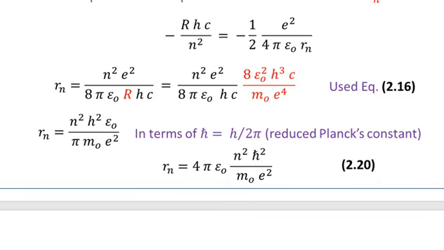So according to the Rutherford model, the radius of the orbit will be a continuous parameter, but according to Bohr's atomic model, Rn, that is the radius of the orbit, will only take discrete values.